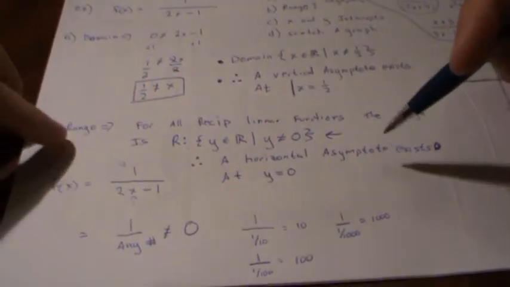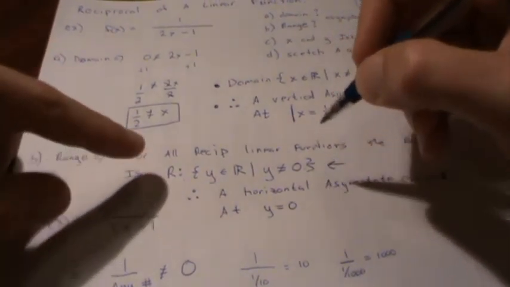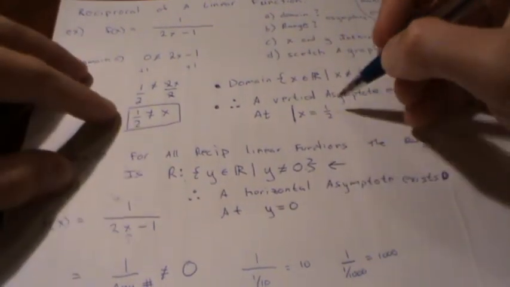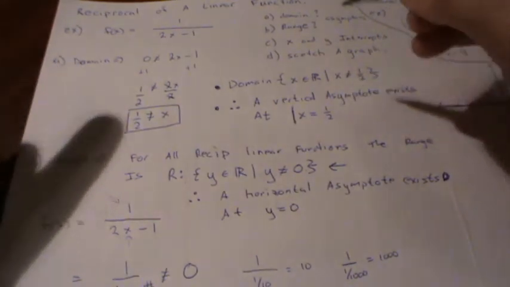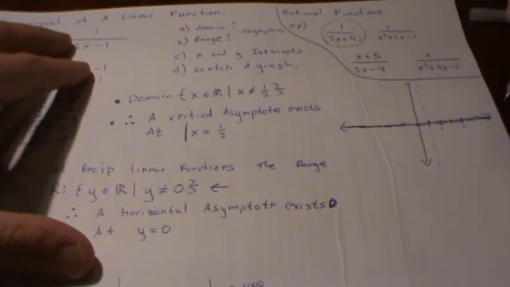The range is the list of all answers that I can get. And so I can't get 0 as an answer, and in this section here, I can't put 1/2 into the function. That is why we have these restrictions here.